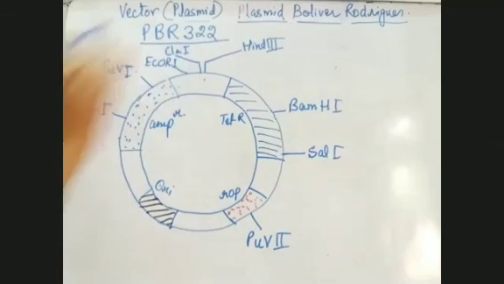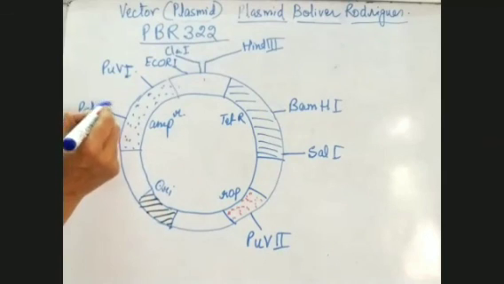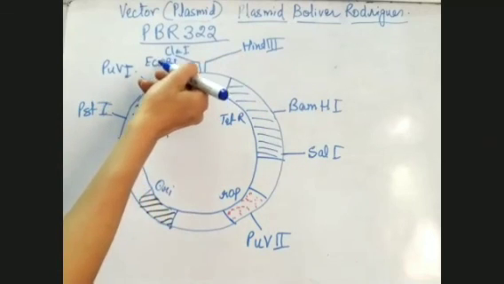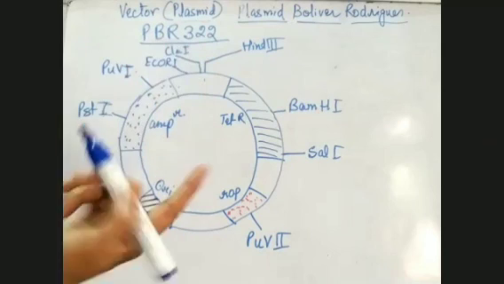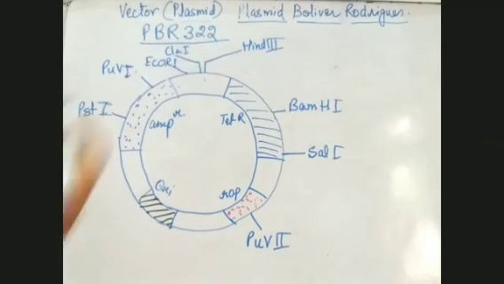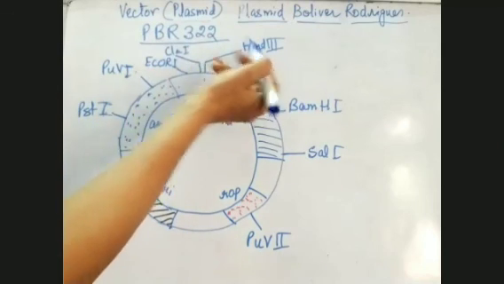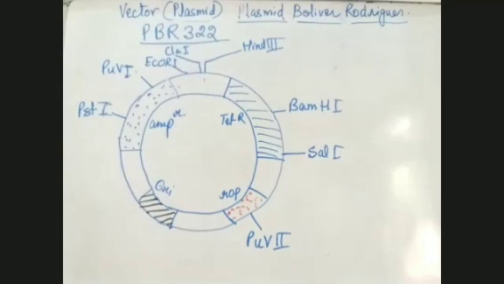ECOR1. These all are recognition sites, and I told you that there should be just one recognition site. Now you can see what are all these names written? These are Hind2, Eco, Hind3. By these names, you will be able to understand what this ECOR1 is, what this Hind3 is. What are these, beta?